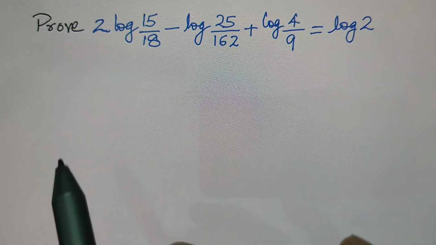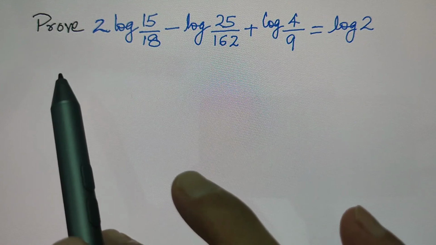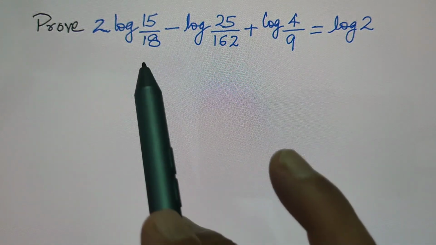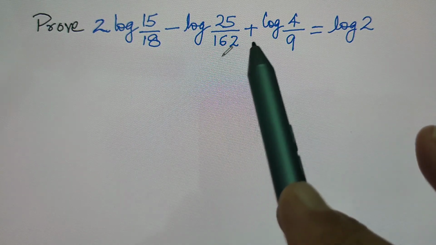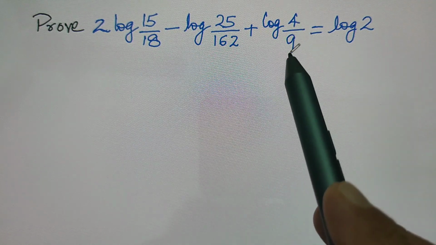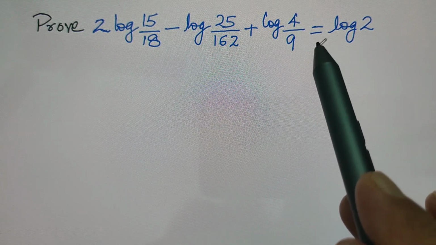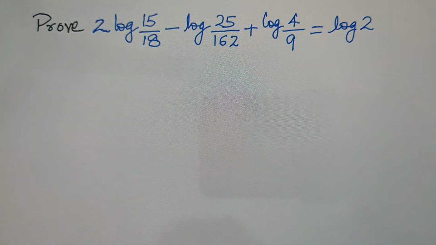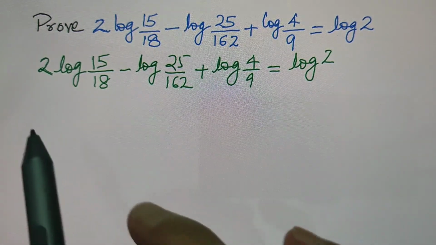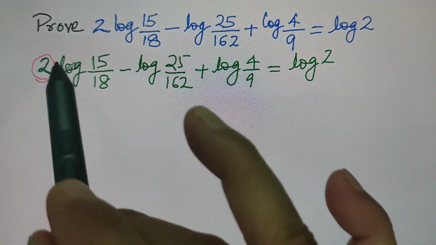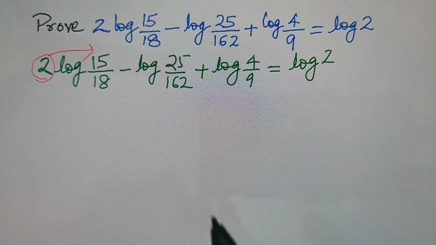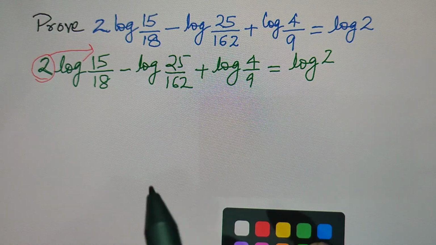Here let's see the next log question, where we have to prove 2 log 15 upon 18 minus log 25 upon 162 plus log 4 upon 9 equals log 2. Okay, what I have done is I have noted down the question once again. Now this coefficient becomes the power of 15 upon 18.